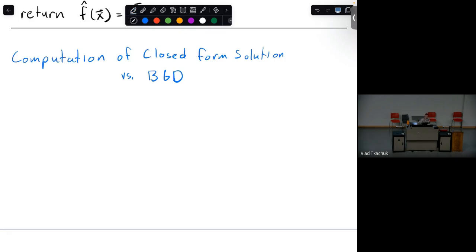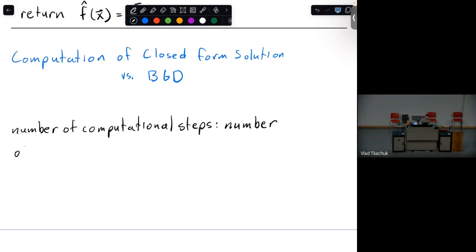Okay, so we can think of computation here as the number of computational steps. We want the number of computational steps to be as small as possible. Roughly speaking, this will be the number of elementary operations.